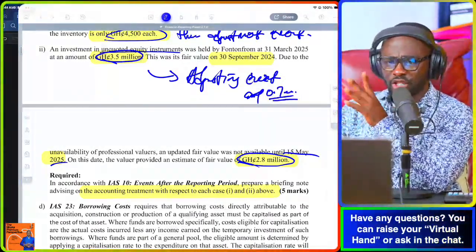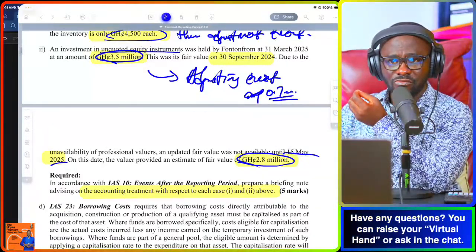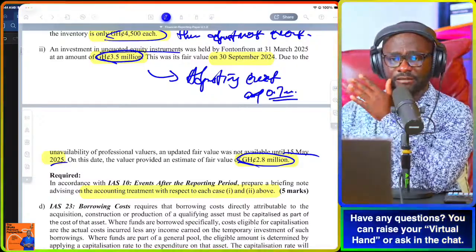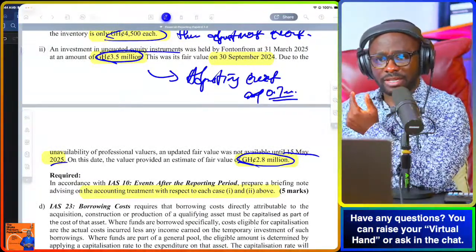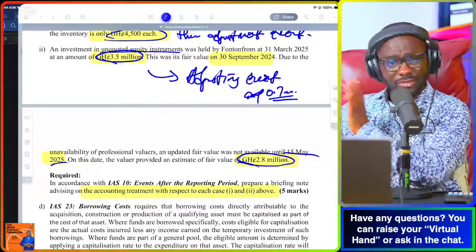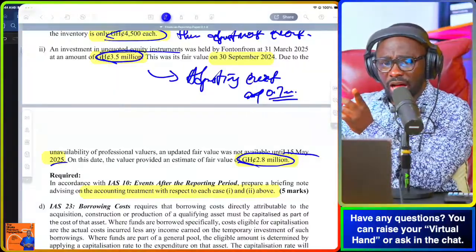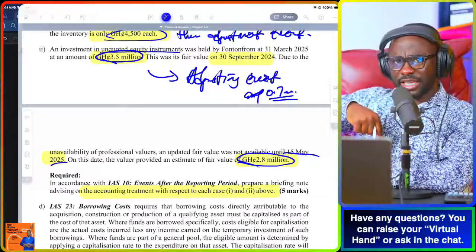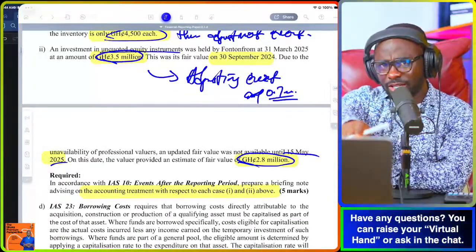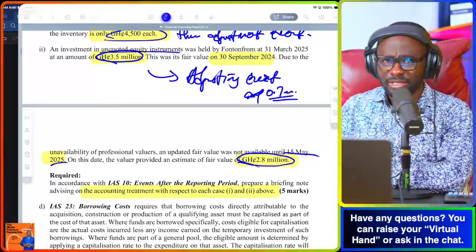So you see how interesting the story is woven here. Yes, the valuation is being done after the reporting date. But unless otherwise there is something else, it is telling us that if the professional valuer was available at the reporting date, they would have given us the 2.8, which would have confirmed that the thing has suffered an impairment.